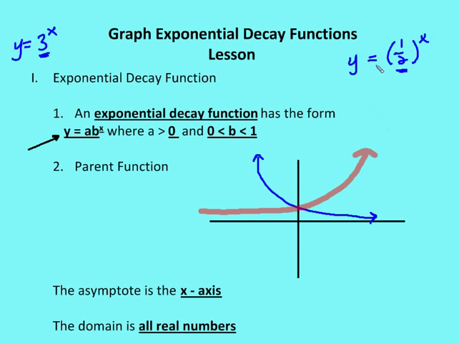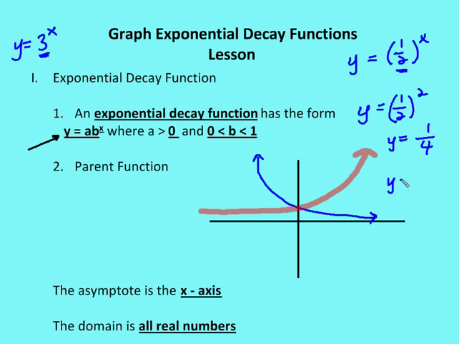As x increases in the decay function, as x increases and gets more and more positive, so let's say y is equal to 1/2 squared, this value becomes smaller and smaller. It becomes a smaller and smaller fraction. So y is equal to 1/4.